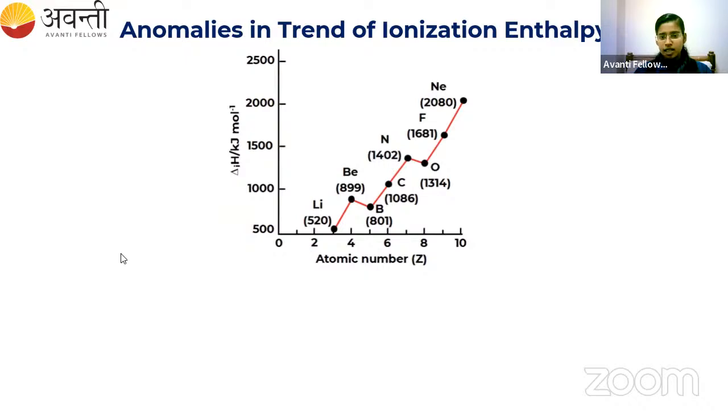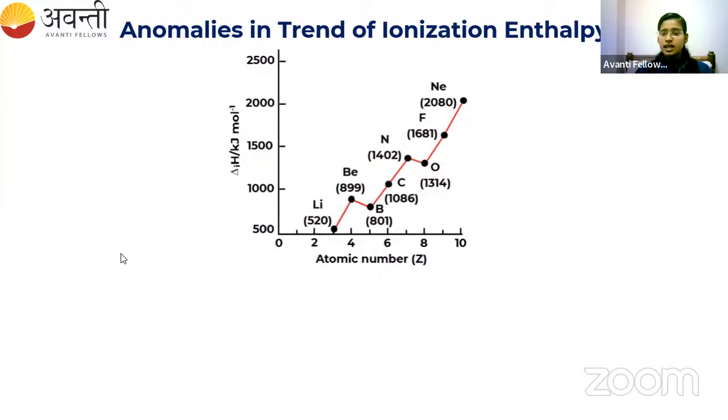It is 899, and for boron, it is 801, right? Can you tell me why boron is having the lesser ionization enthalpy compared to beryllium?